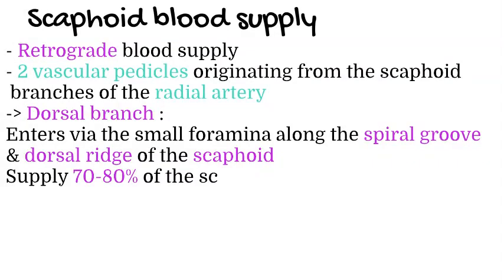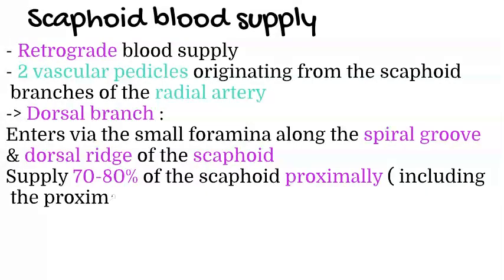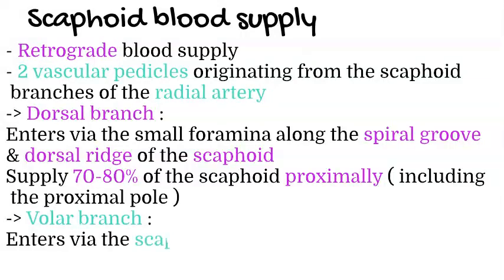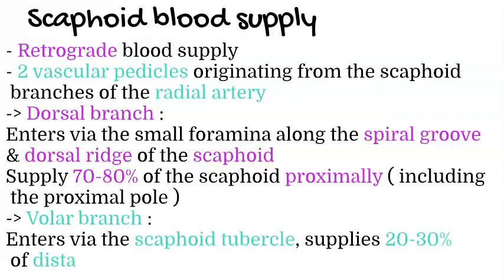It supplies 70 to 80% of the scaphoid proximally, including the proximal pole. The volar branch enters via the scaphoid tubercle, and supplies around 20 to 30% of the distal scaphoid.